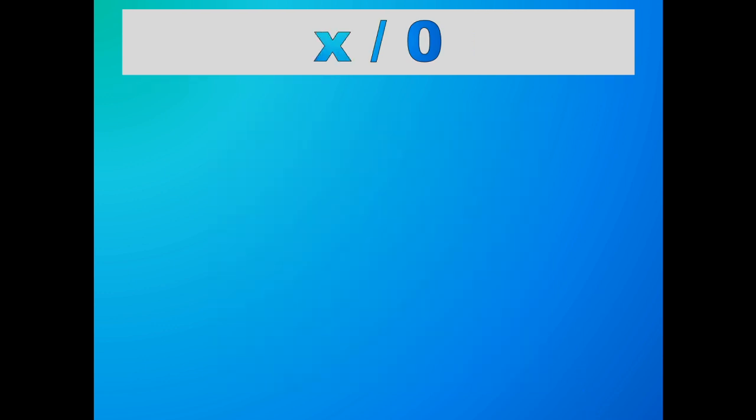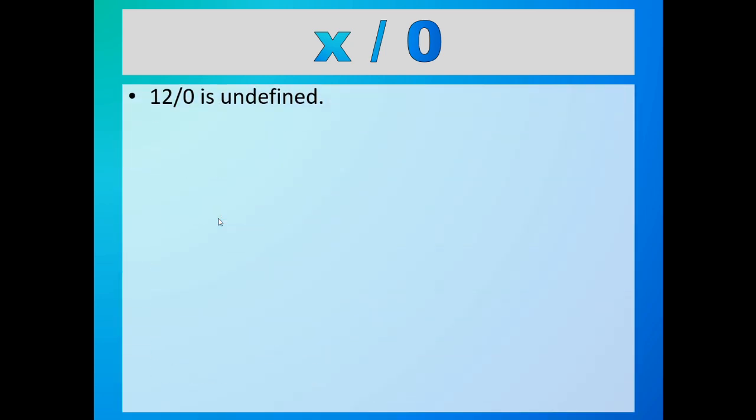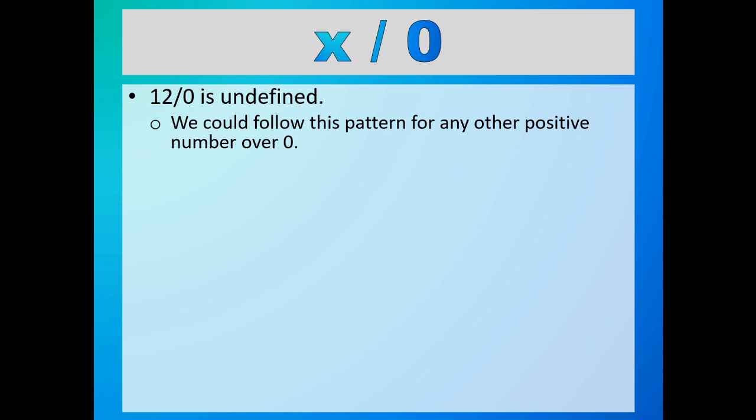X divided by 0, where x is any real number but 0. 12 divided by 0 is undefined. We could follow the same idea for any other positive number and have it over 0. Negative 12 divided by 0 is undefined.